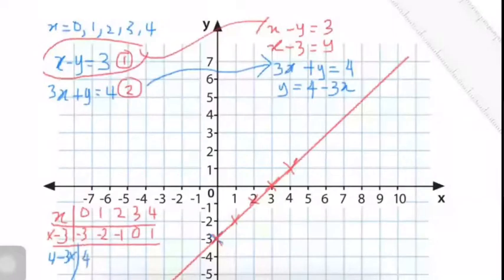4 minus 3 times 0, 3 times 1. 4 minus 3 times 1 is berapa? 1 lah. Ya. 4 minus 3. 4 minus this one, 3 times 2. The values of x ni, x 0, 1, 2, 3 and 4.